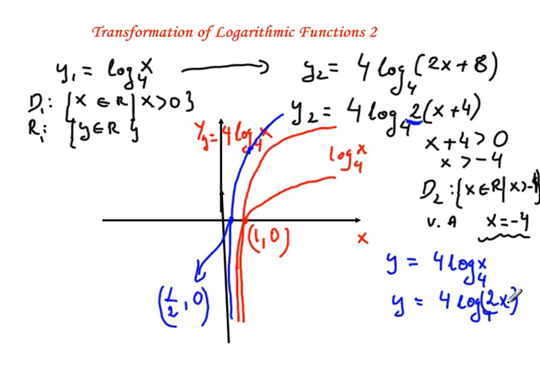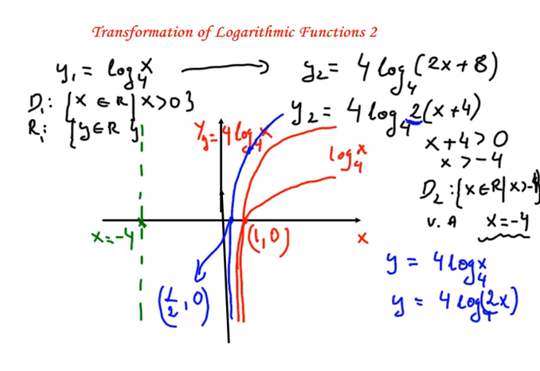Now, we will achieve the same by replacing x in the second equation with the value of 1/2. So the x-intercept for the blue curve will take place when x is equal to half. So this is very important for us to be aware of. This number right here causes the graph to be compressed horizontally by factor of 2.